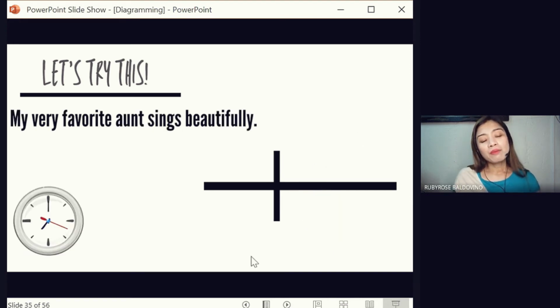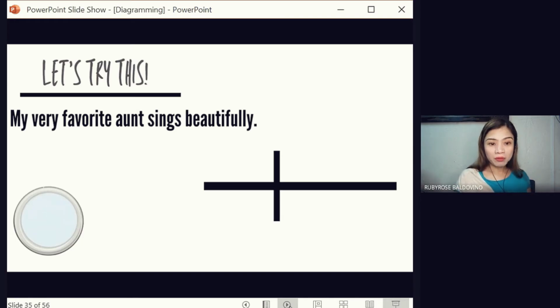Last one. My very favorite aunt sings beautifully. Again, my very favorite aunt sings beautifully. How are you going to diagram this sentence? If the sentence seems overwhelming, it's longer than the basic sentence, you just always look for the subject and the verb first, okay?